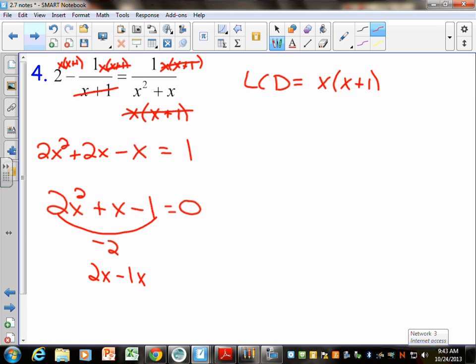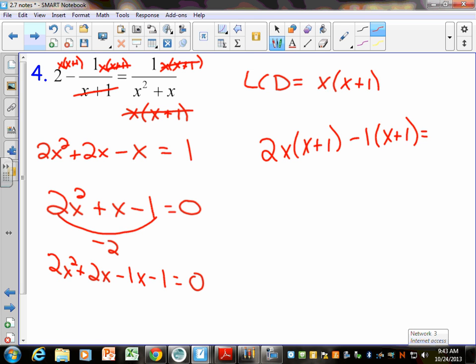You agree with me on that? Because I have to do the factor by grouping. If you don't like factor by grouping, just do the quadratic formula. Gonna come up here and finish that. But I think I get factor out of 2x, and I get x plus 1. Factor out of negative 1, I get x plus 1.